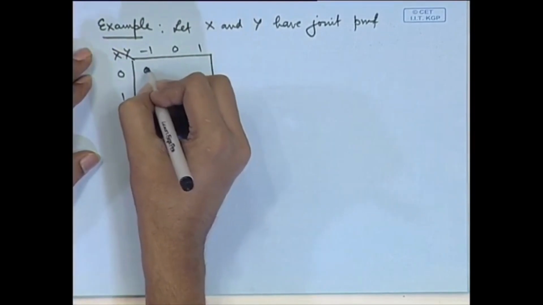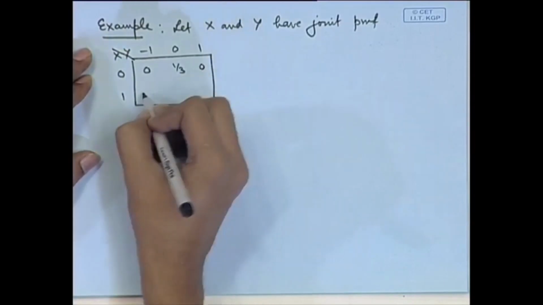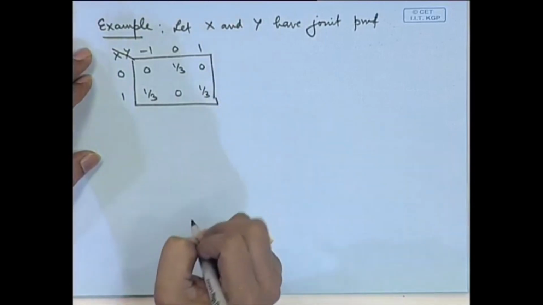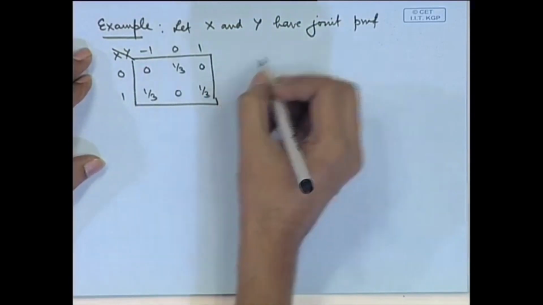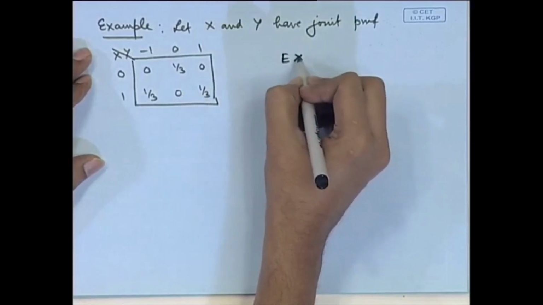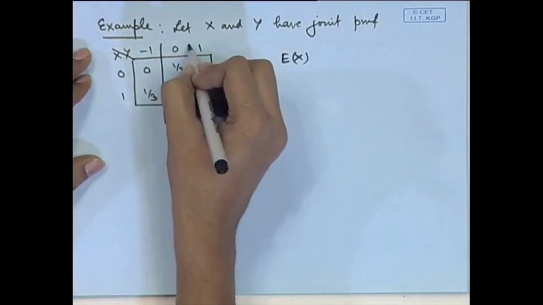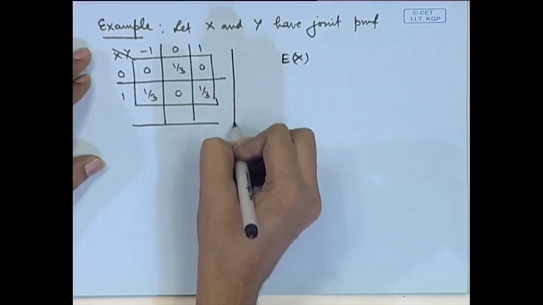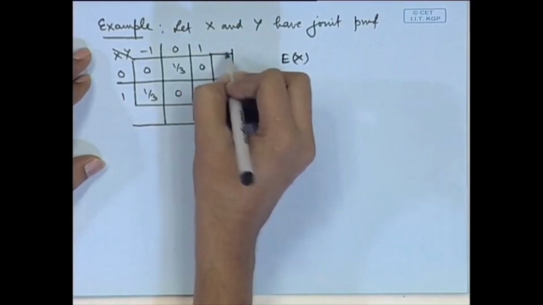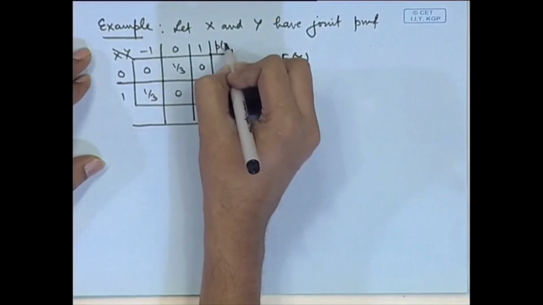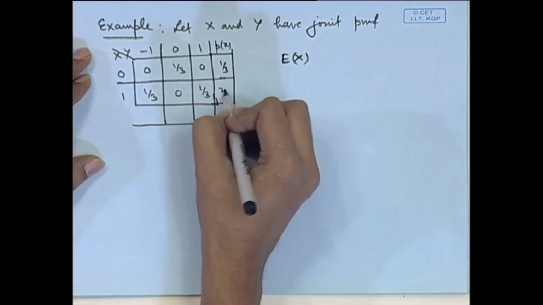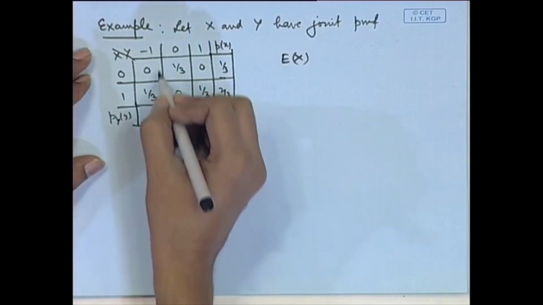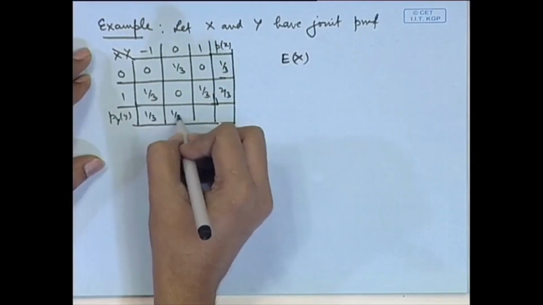The probabilities are 0, 1 by 3, 0, 1 by 3, 0, 1 by 3. Here you can calculate the marginal distributions by adding the rows and columns. The marginal distribution of x is 1 by 3, 2 by 3. The marginal distribution of y is obtained as 1 by 3, 1 by 3, 1 by 3.